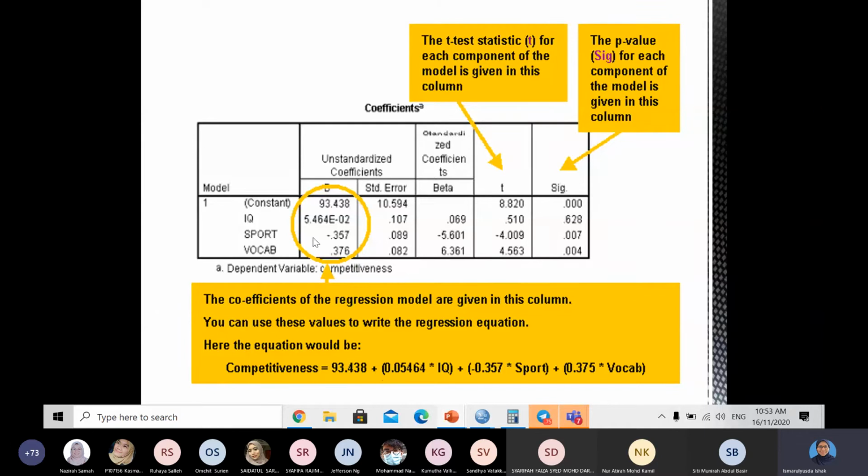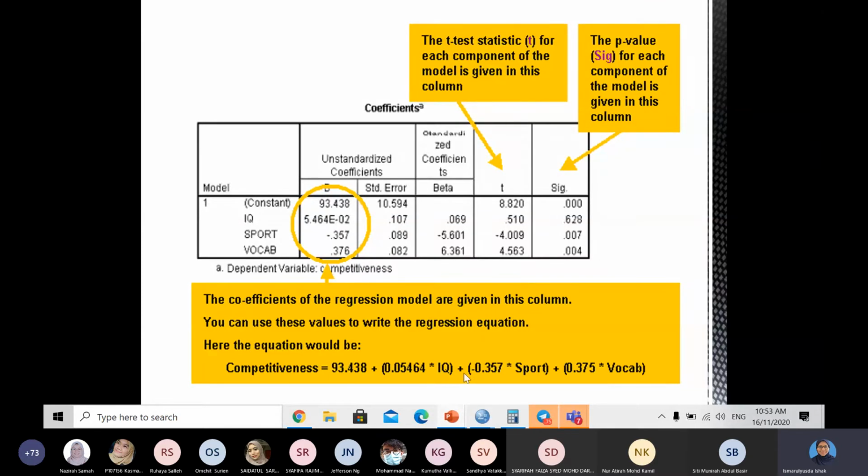Y equals 93.438 plus 5.464E. This is not an error, it means 10 to the power of 2, 10 squared. Minus, negative here, so this means 0.05464.